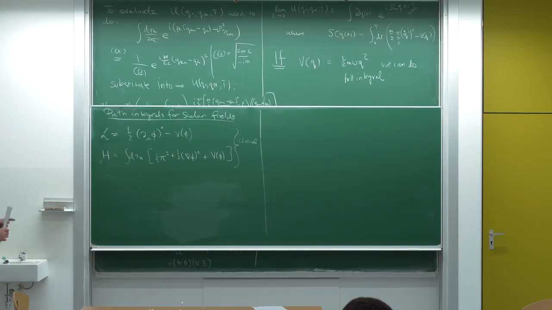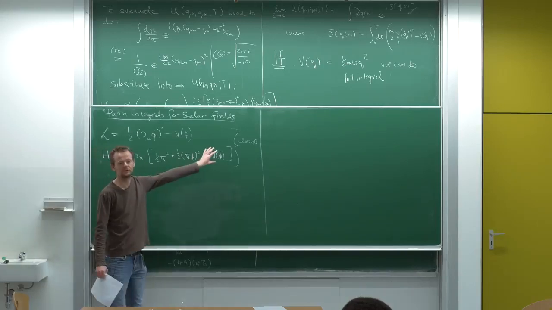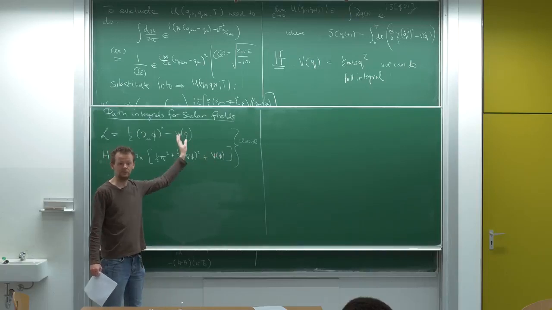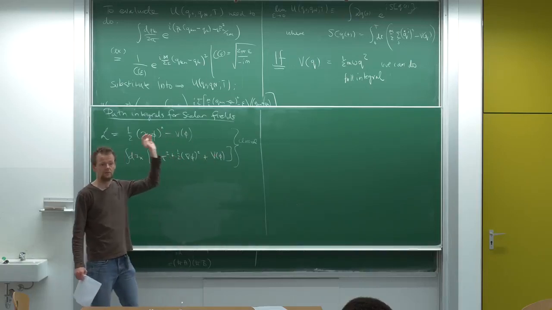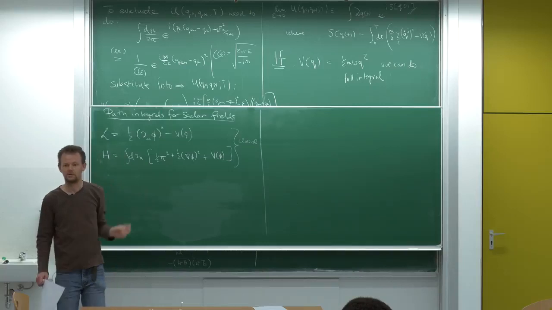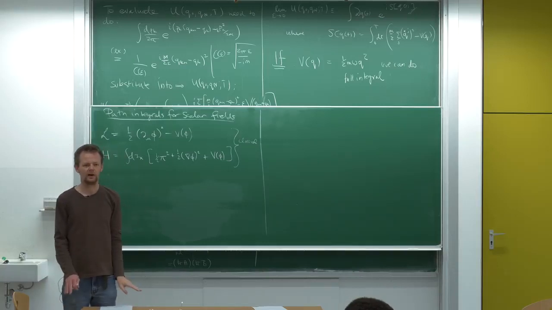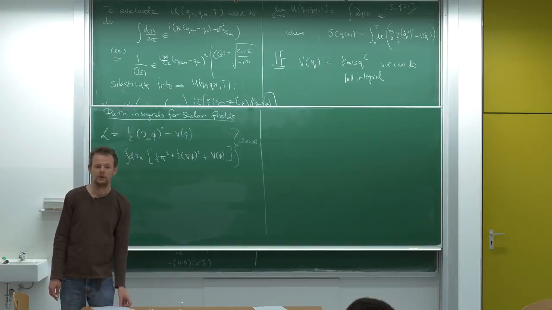I substitute in this classical Hamiltonian for this classical scalar field, and maybe I get out a quantum field at the end. If you remember in the quantum field theory course last semester, we had to work hard to quantize this scalar field, meaning to guess a quantum theory that would have the right classical limit.